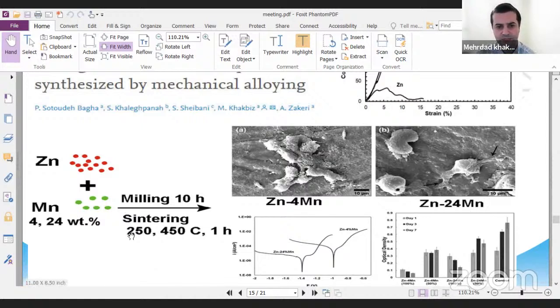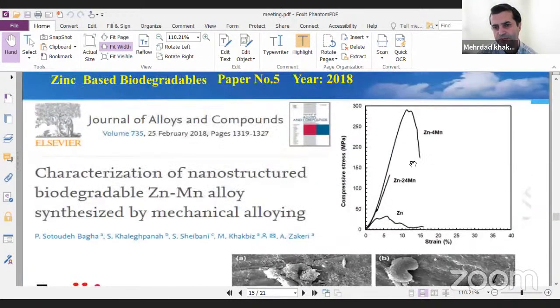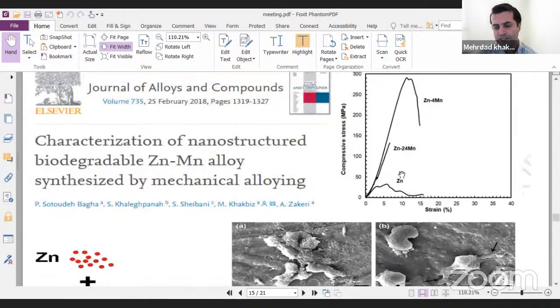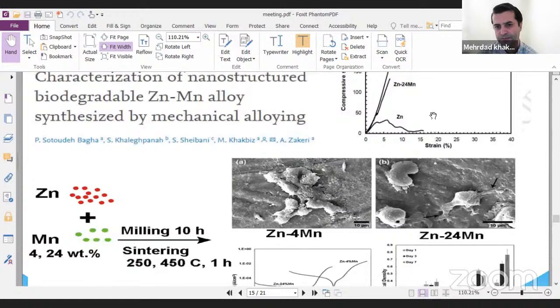We used a sintering method for compaction, and here we can see that the alloy with nanostructure modification has the maximum stress and maximum compression stress. The commercial zinc has the minimum mechanical properties, but as we see, the toughness and also the elongation of the commercial zinc is more than nanostructure zinc.